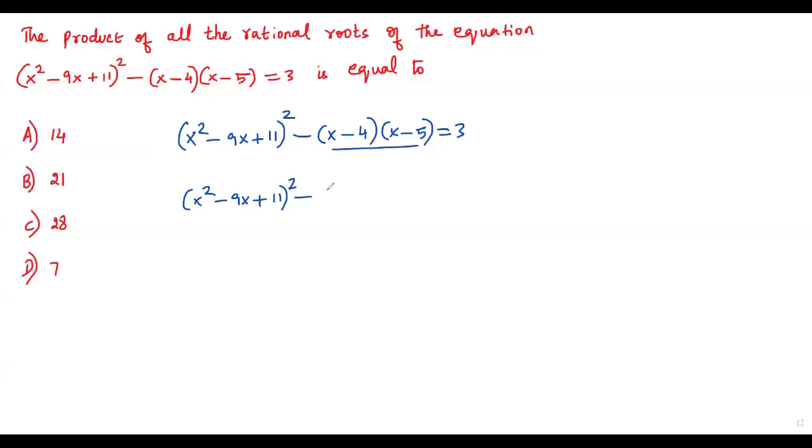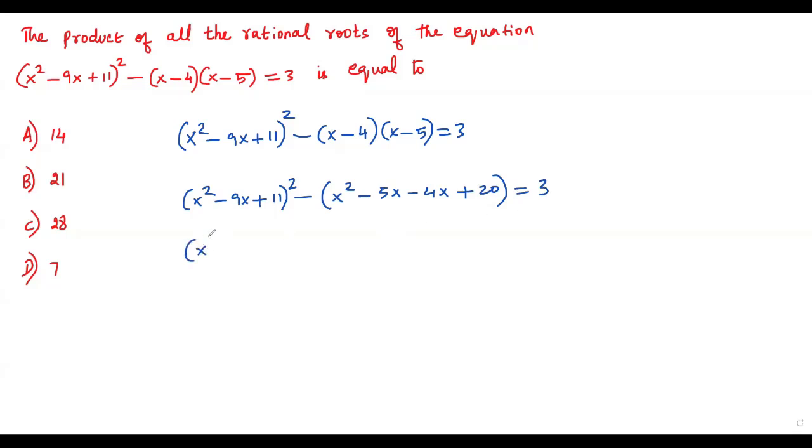Now let me multiply these two binomials using the FOIL method. First, let me multiply the first terms, x times x, and I'm getting x². Then I multiply the outer terms, x and −5, I'm getting −5x. Then the inner terms, −4 times x is −4x, and the last terms, −4 and −5, I'm getting positive 20, equals 3.